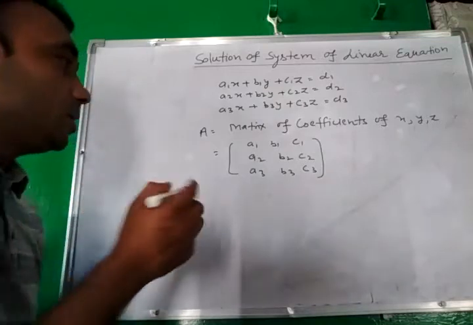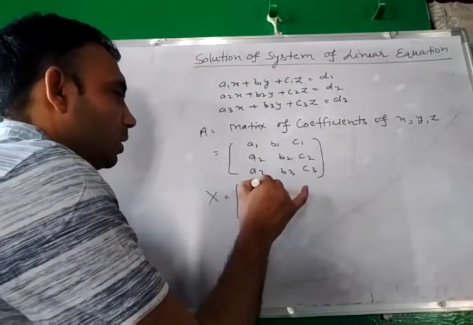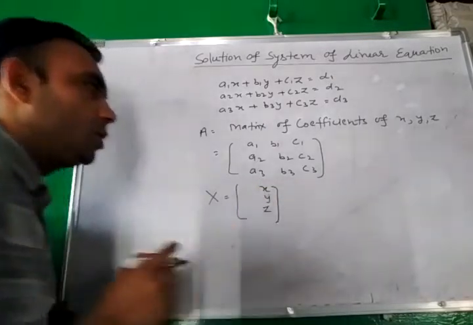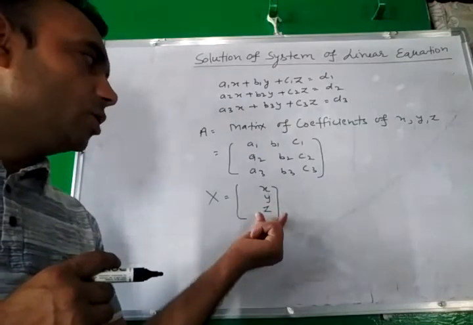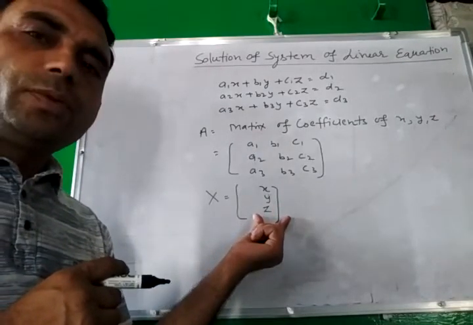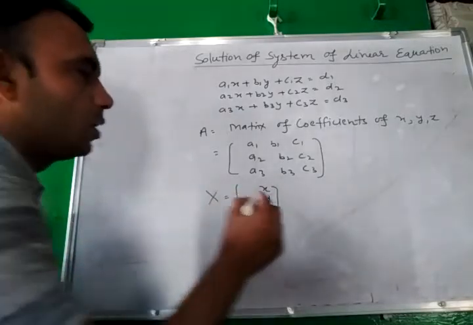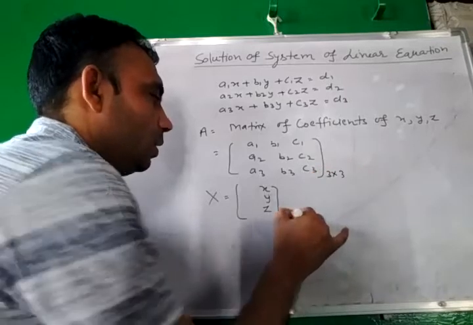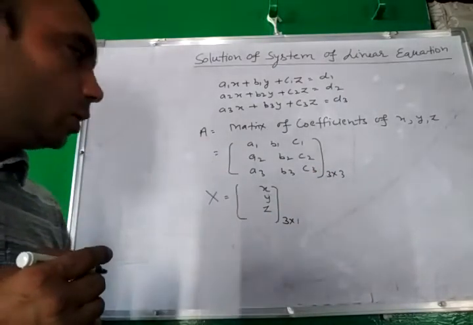Let X be the matrix of these variables, that is x, y and z. Because A is a 3 by 3 square matrix, we will arrange X as a column matrix of one column only and 3 rows, that is, a matrix of 3 by 1. This is 3 by 3, so that the multiplication AX holds good.